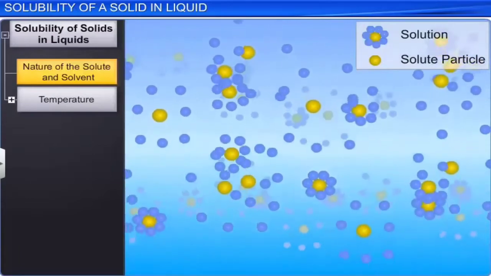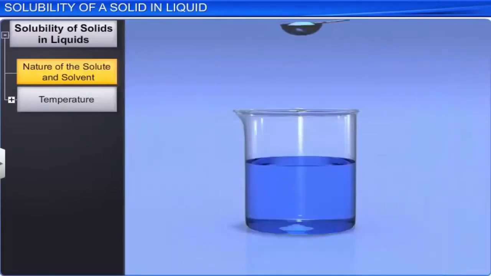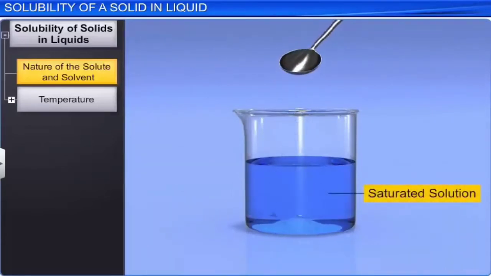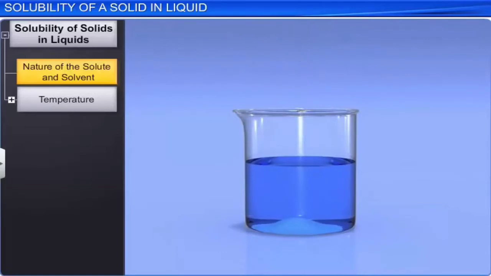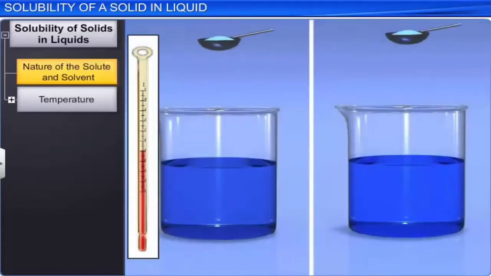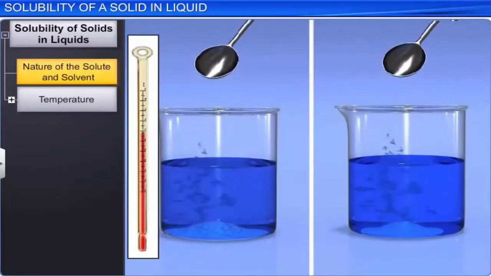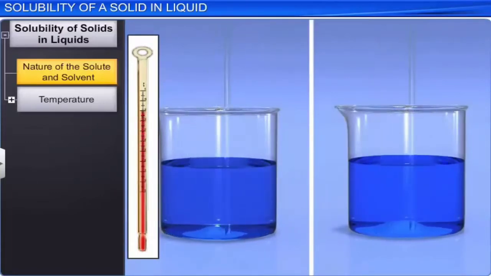If any more solute is added to this saturated solution, it gets separated out, and the process is called precipitation. On the other hand, a solution in which more solute can be dissolved at a specific temperature is called an unsaturated solution.